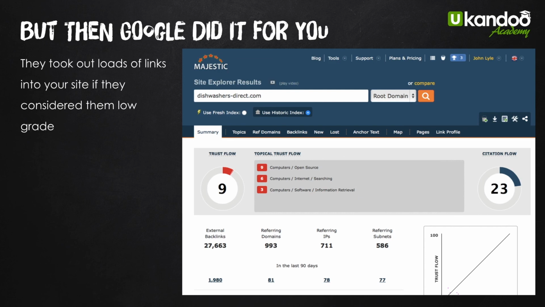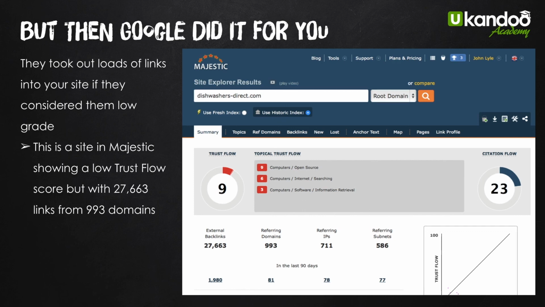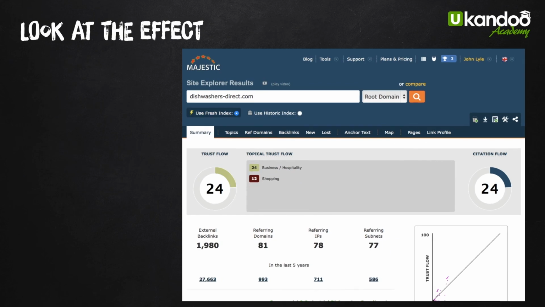But Google then decided they were going to take out any links they considered low grade. So as you can see there, 27,000 links from 993 domains. And then Google decided overnight, right, we don't like any of those. So they took out hundreds. Now this site has only got 1,980 links, 81 referring domains, yet the trust flow has gone from 9 to 24.